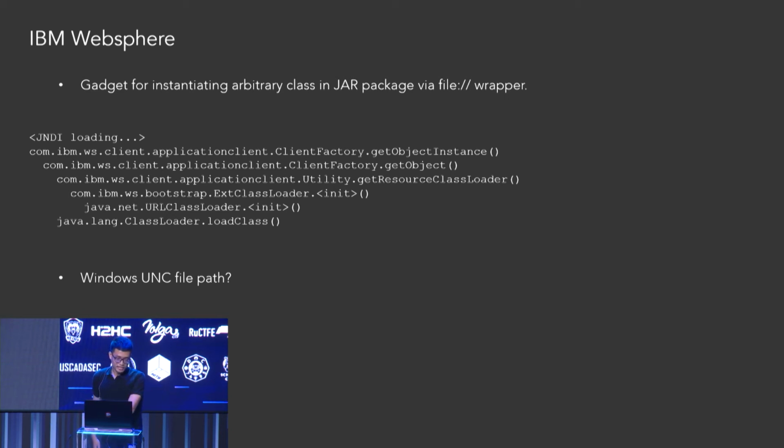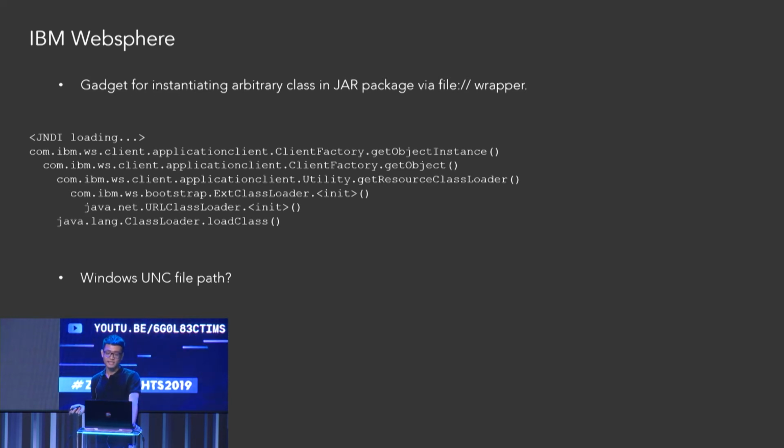Another interesting gadget that can lead to code execution is that you can instantiate an arbitrary class in any jar package via a wrapper protocol. There are a lot of JNDI calls in the IBM code base, so JNDI loading basically means readObject in IBM's case.